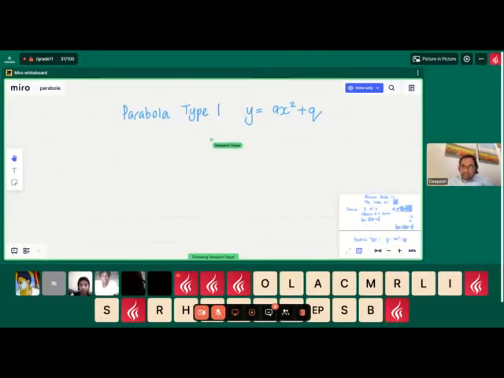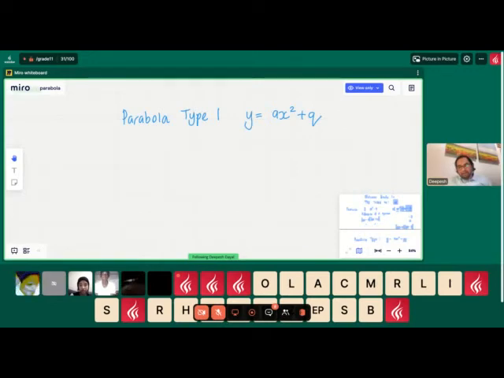You can show me a thumbs up or another emoji if you've seen this equation before. Great, I see most of you have seen it. It is a grade 10 type of parabola, very important for us to revise. I've got one thumbs down. You haven't seen it before. Hopefully, we'll go through it today and you'll get an understanding of it.